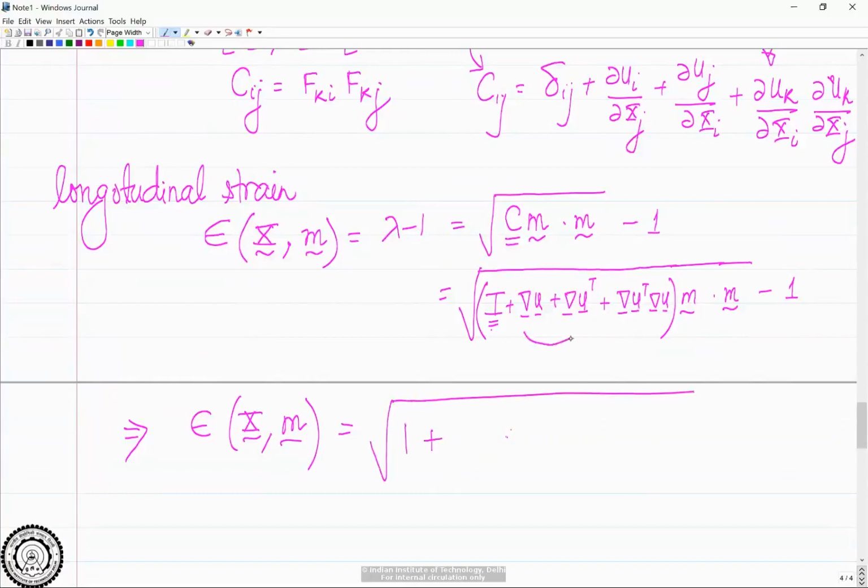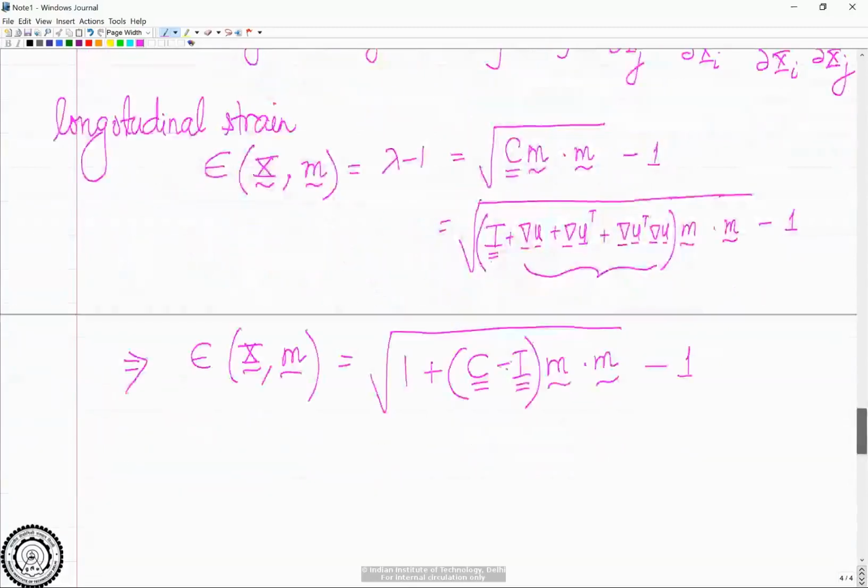And can I write this remaining term as C minus I, of m dot with m? I can very well do it, and then I have to subtract 1.